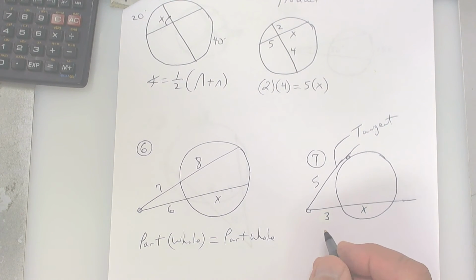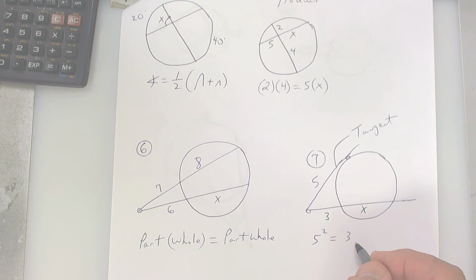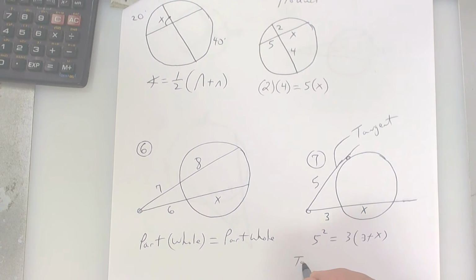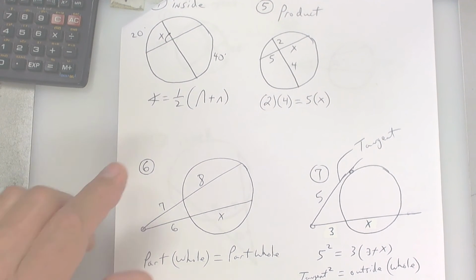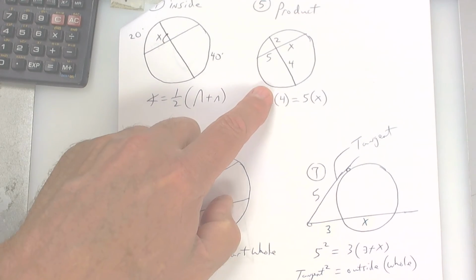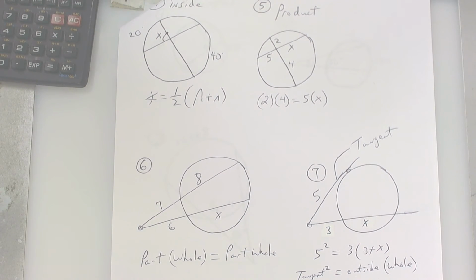This one, by the way, is tangent squared is equal to the outside times the whole thing. Tangent squared is equal to the outside times the whole thing. Write that down. Those are the 7 formulas that you need to know. Okay? I call this one the inside and this one the outside, or the product rather.